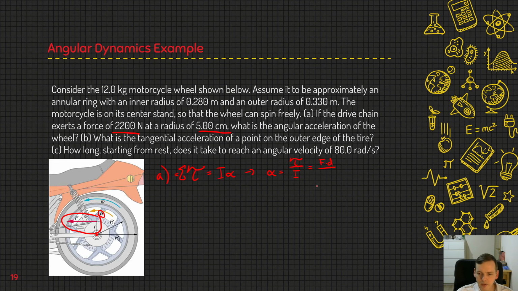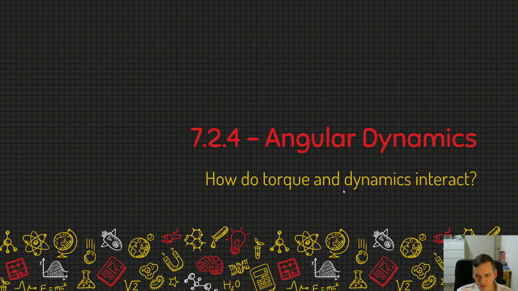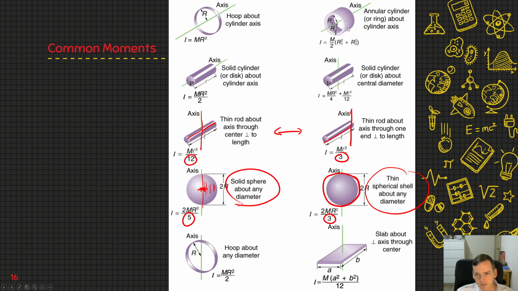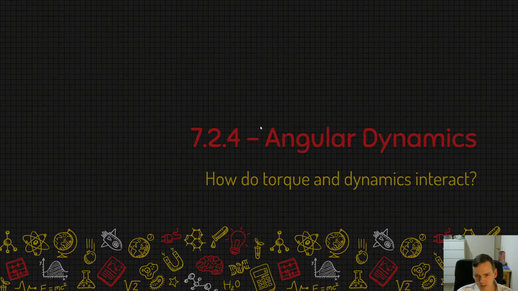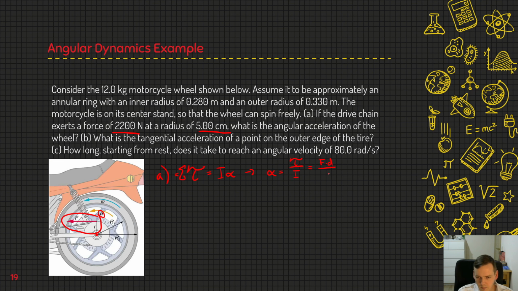For I, if we go back to the previous video, for an annular disk or annular cylinder or ring rotated about the cylinder axis, we have this equation here. The equation is I equals 1/2 the mass times one of the radii squared plus the other radii squared. And again, you don't have to worry about how to get these. They'll just be given to you on the exam.